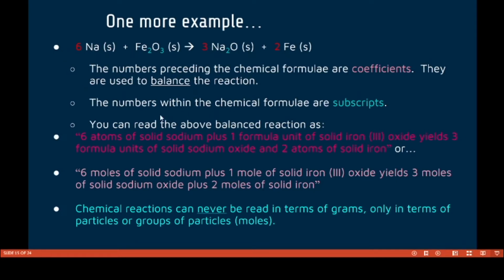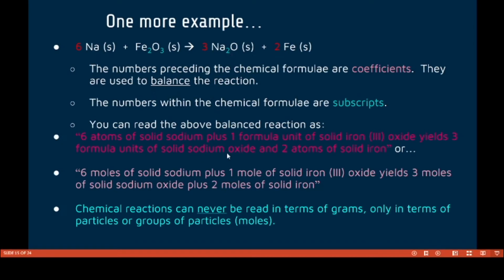The numbers within the chemical formula are subscripts, like the 2 in Fe2, the 3, and the 2 in Na2. These subscripts do not change; only the coefficients change.